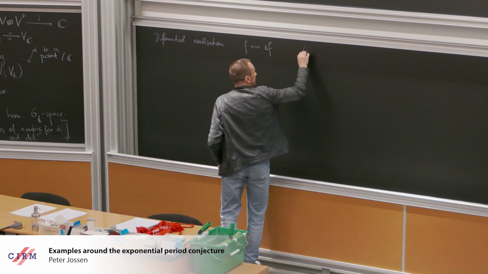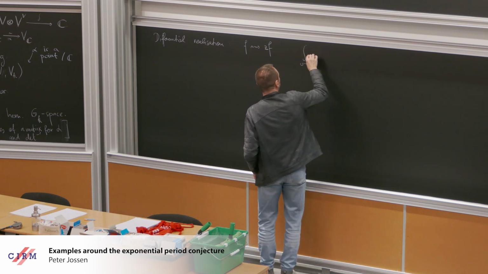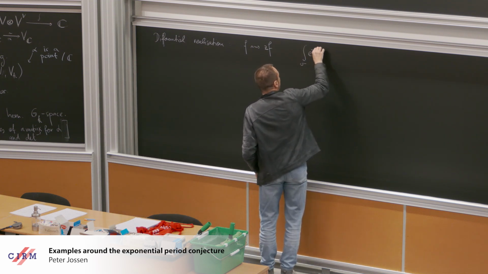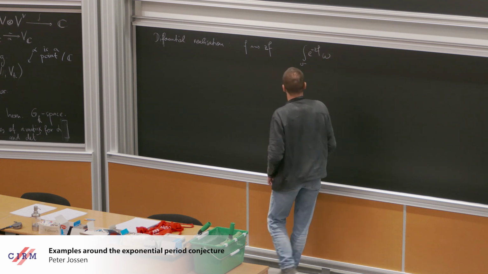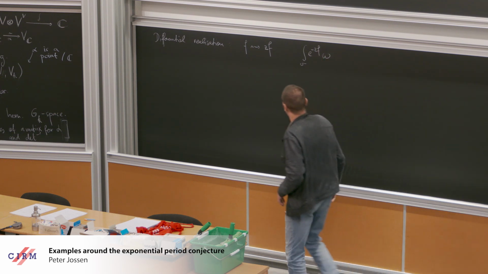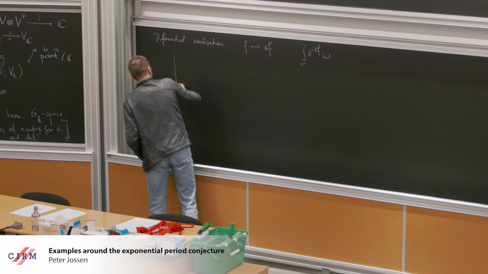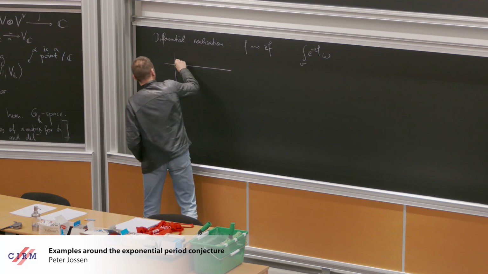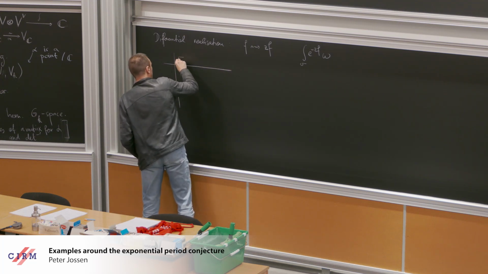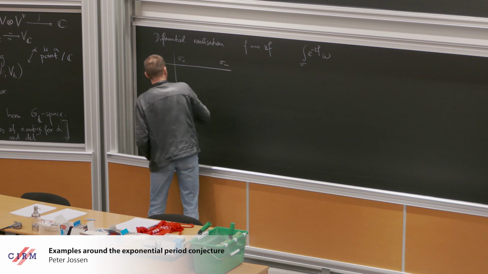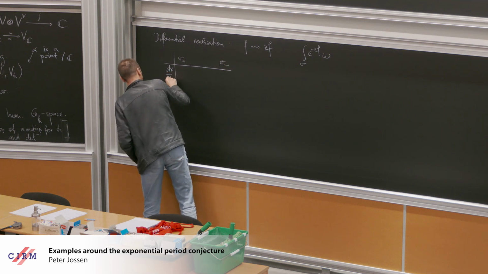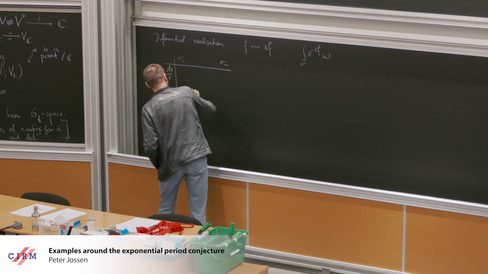So the integrals we are looking at now are the integral over sigma of e to the minus zf against omega. And we get a matrix of functions, still sigma naught, sigma line, dx over x and dx.